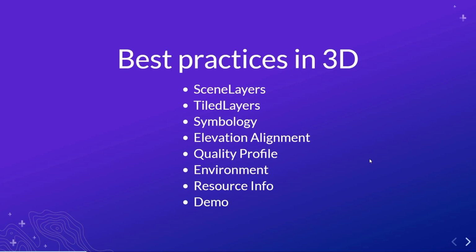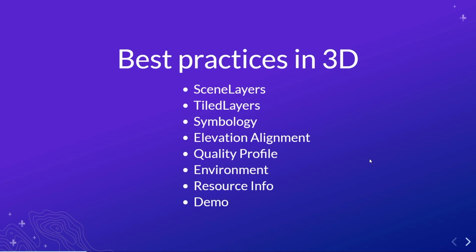So we will look at scene layers and tiled layers, symbology considerations, a look at a concept called elevation alignment, at a setting that we call quality profile, another setting that we call environment, and last but not least, at resource info, which is information that we expose with the upcoming 4.15 release that will help you to get a grasp on the amount of resources that the 3D scene view is using currently.